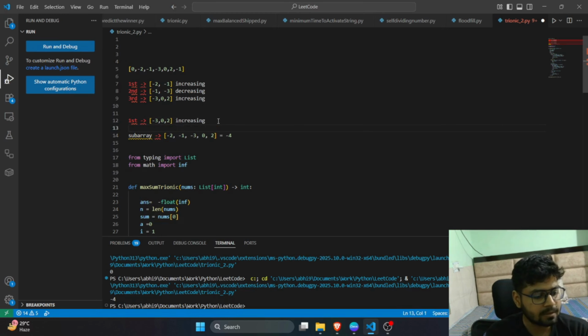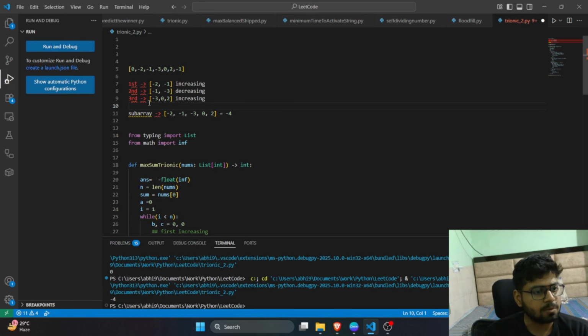So we will consider that as the second, decreasing part. But after that there is no subarray, so there's no point in calculating and maximizing the sum, because one increasing part is missing. So we can't take this portion, and we'll just exclude it from the solution. So this is the maximum subarray.